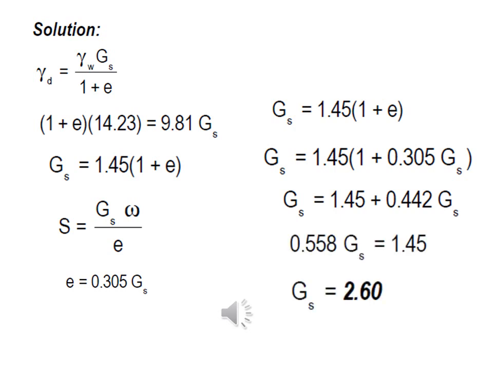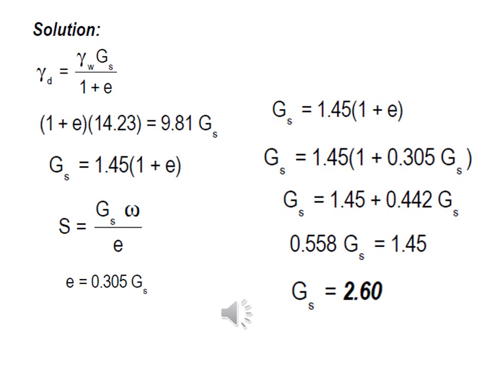For the solution, recall again the formula for dry unit weight, which is Gs gamma W divided by 1 plus e. So what we do is we transpose the formula. We multiply the dry unit weight with 1 plus e and equate it to 9.81 Gs.